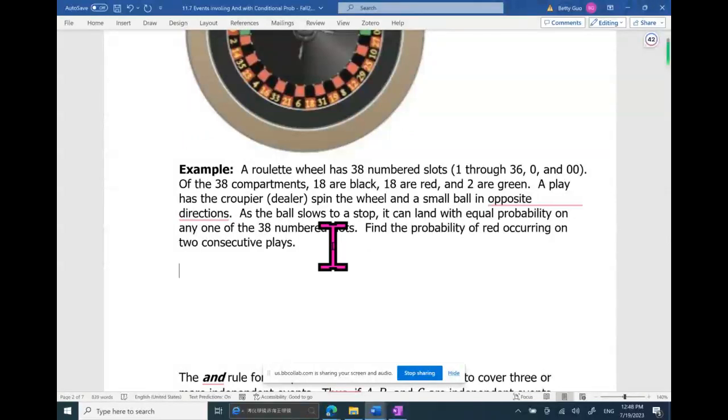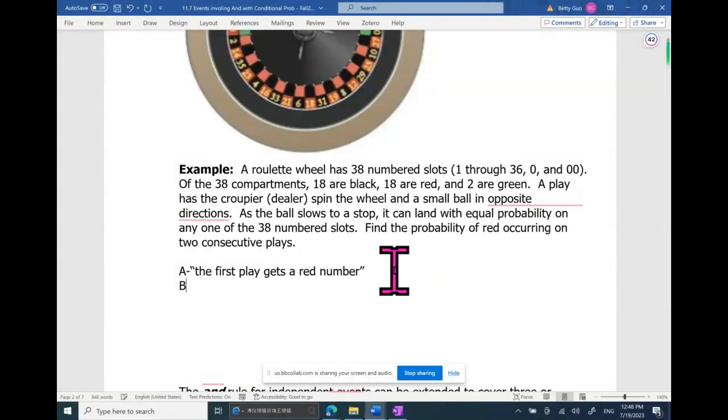My understanding is this: I let A be the event that the first play gets a red number, and B represents the event that the second play gets a red number, right?